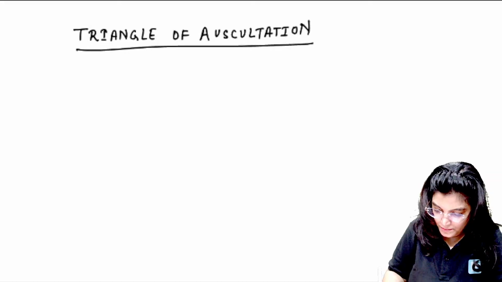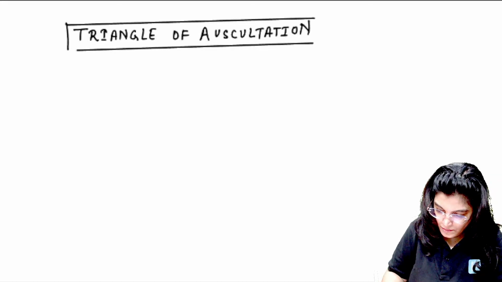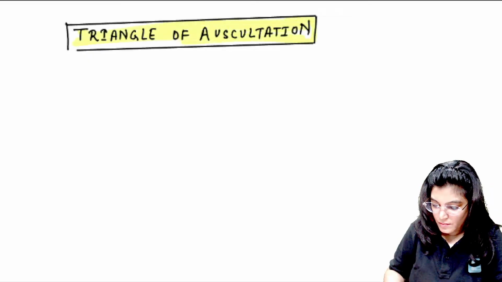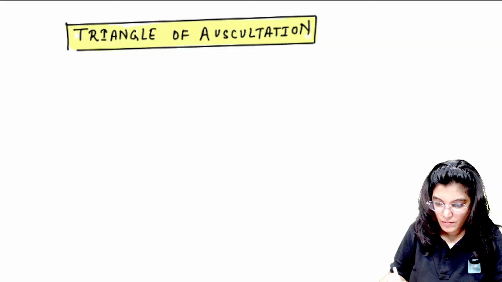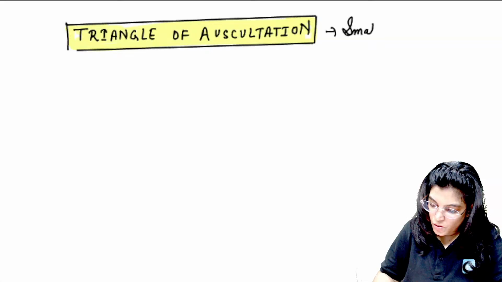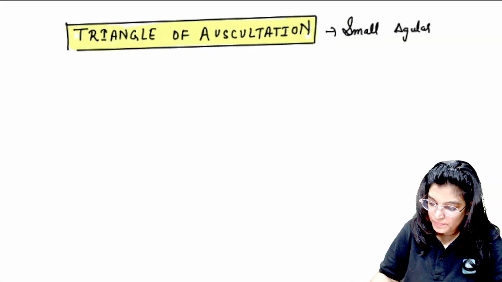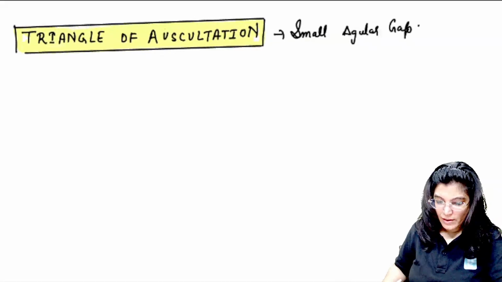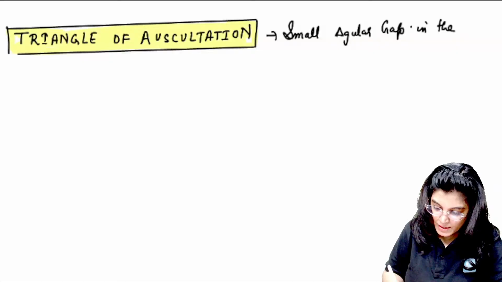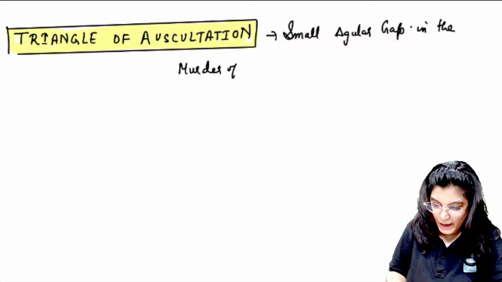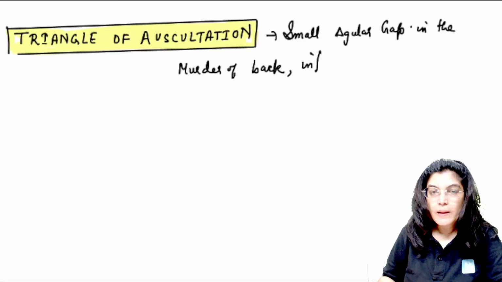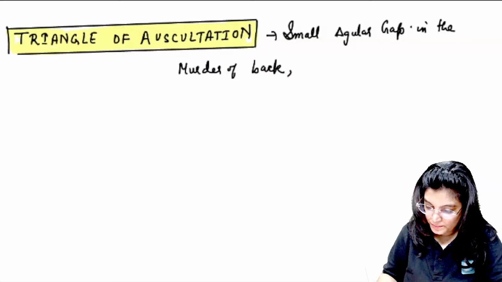It's a small triangular gap in the musculature of the back, in the muscles of the back, near the inferior angle of the scapula.